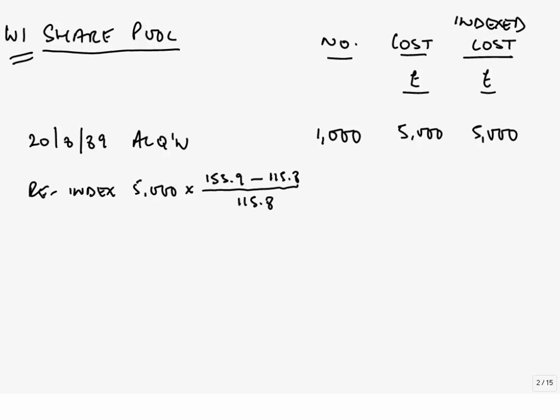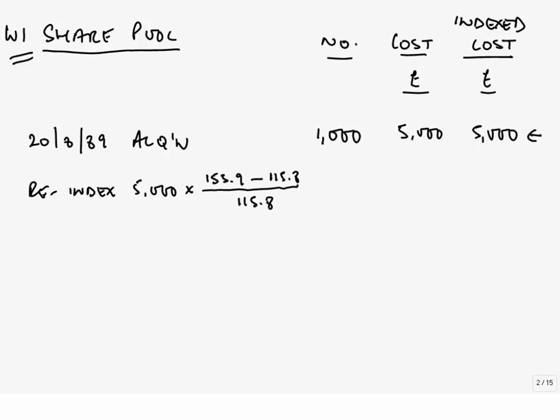So put that calculation using those RPIs through your calculator, don't round it, just leave it in your calculator and multiply out by the £5,000 figure of index cost. That is the figure that we are re-indexing, and the result of that is added to your index cost column.